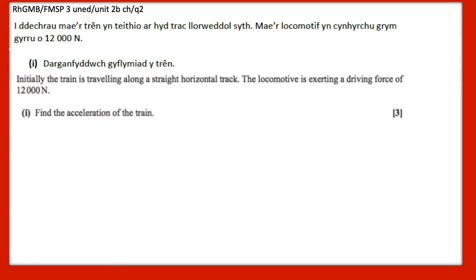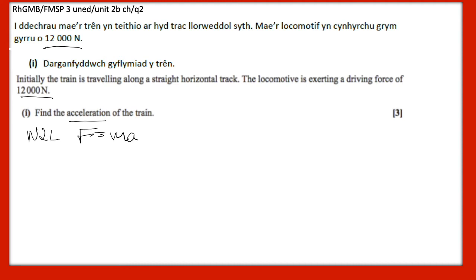So I've got a driving force now of 12,000 newtons. The question asks me to find the acceleration, so it's clearly Newton's second law, N2L. Force equals mass times acceleration.